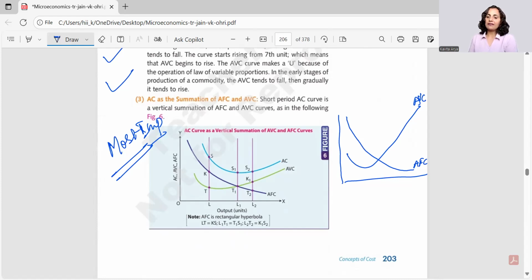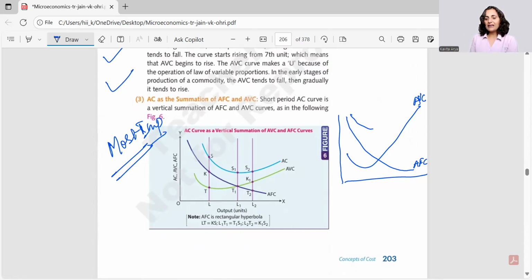See, how do we derive it? When AFC is going down, AVC is again going down. Of course, AC would be going down. But after this point, AVC has gone up, that too steeply, and AFC is still slowly going down. So what is going to be the net effect? The net effect would be that the AC curve would go up, but not at this angle, not at this slope.